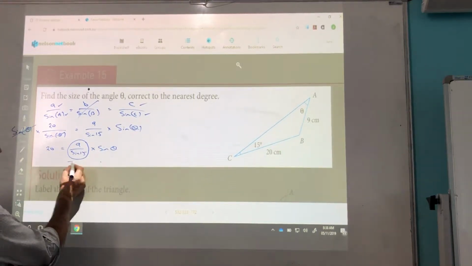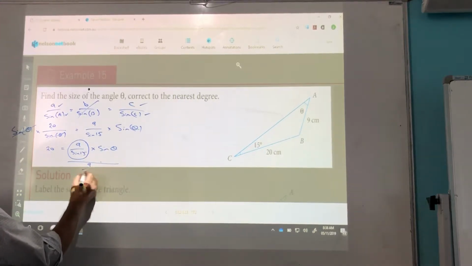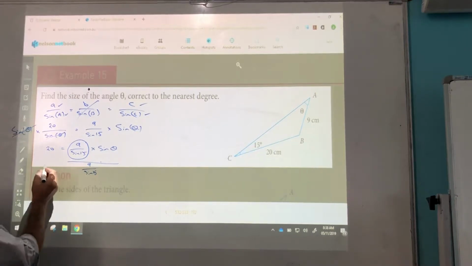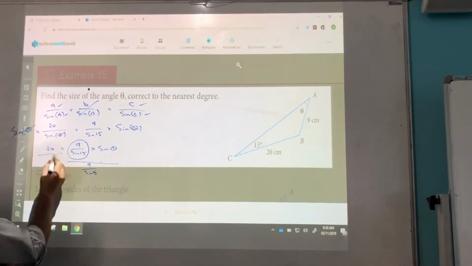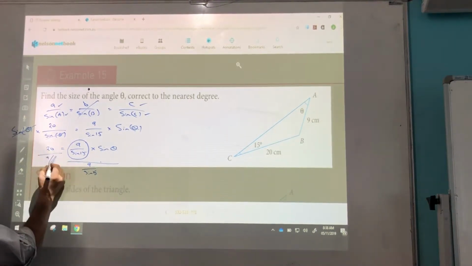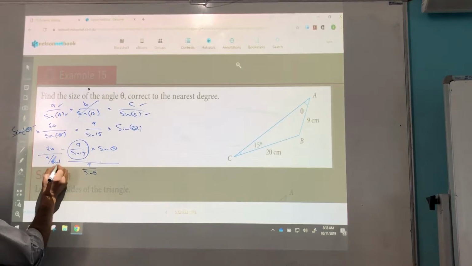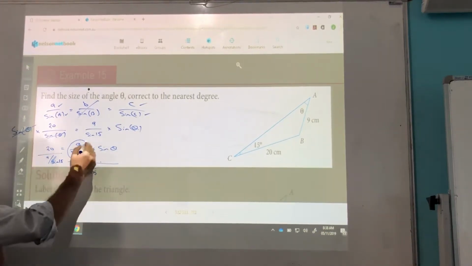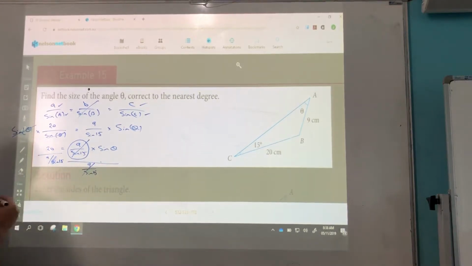If I divide this side by 9 over sine 15, I know it's going to cancel. On this side, it's kind of weird because we've got fractions within fractions, so 20 divided by 9 over sine 15. We'll solve that in a minute. But we know that that's going to be cancelled by that.